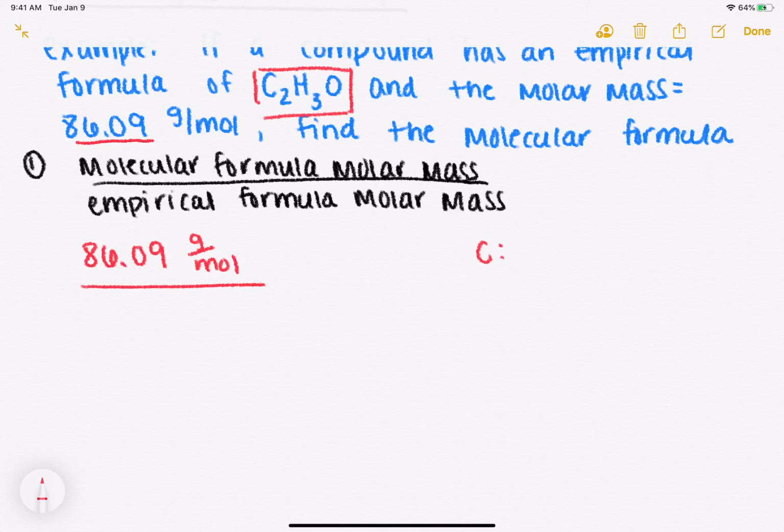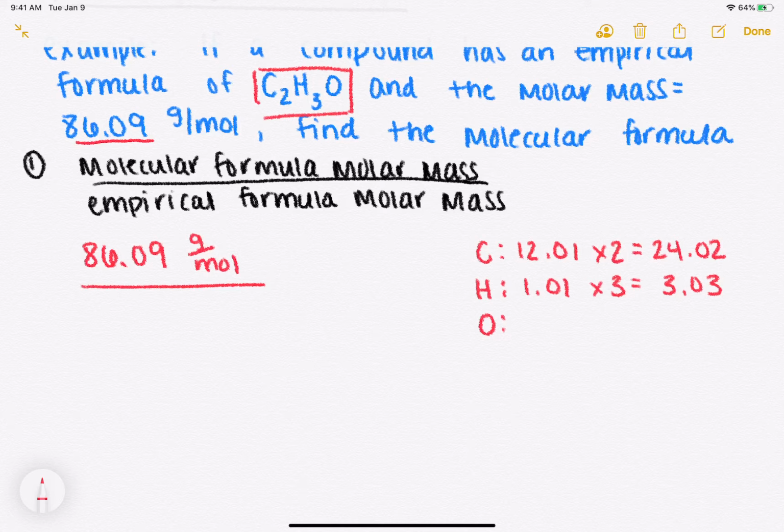So for carbon, we know the molar mass of carbon is 12.01 grams per mole, and there are 2 of them, which means we'll have 24.02 grams per mole from carbon. Hydrogen is 1.01, and there are 3 of them, which will give us 3.03.